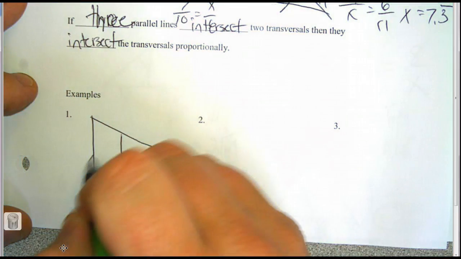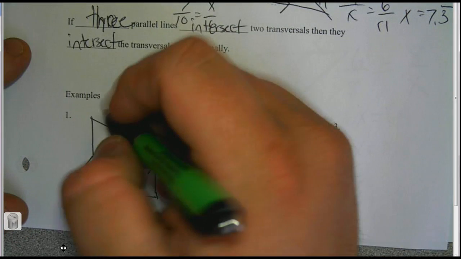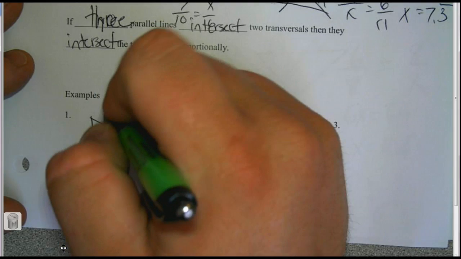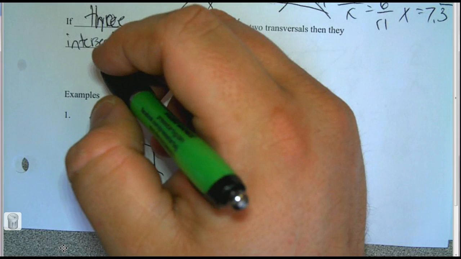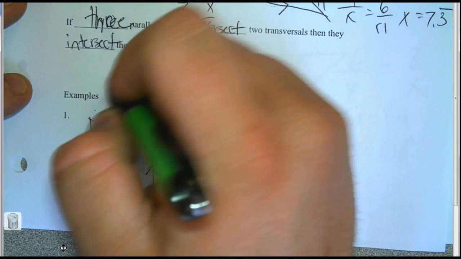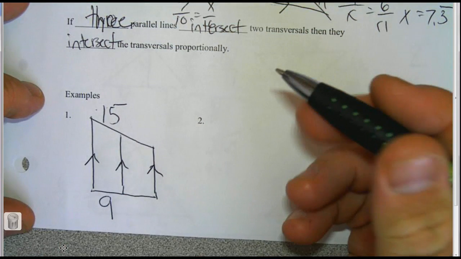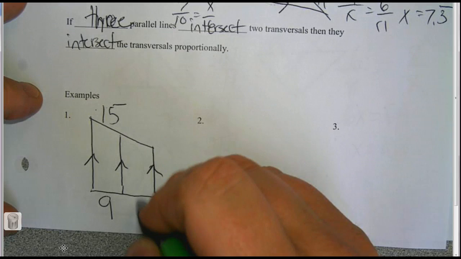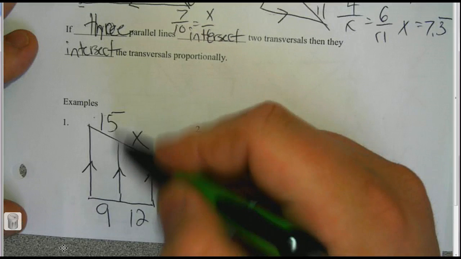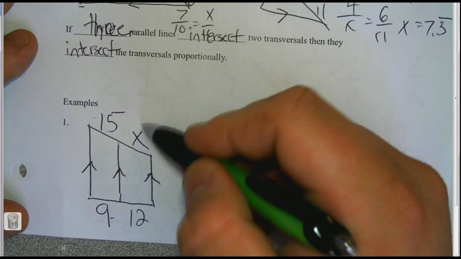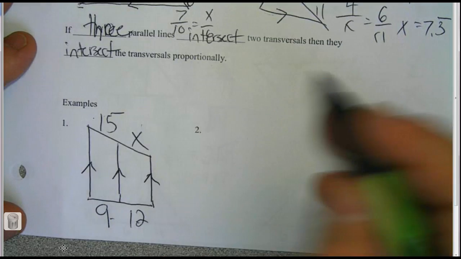And essentially, if these 3 lines are parallel, then the same rules apply. So like we can make these big numbers. If this is, I don't know, let's say 15, and this is 9, and this is 12, and this is x, we can still set up proportions. 15 over 9 has to be equal to x over 12, because this thing's breaking this group up proportionally.